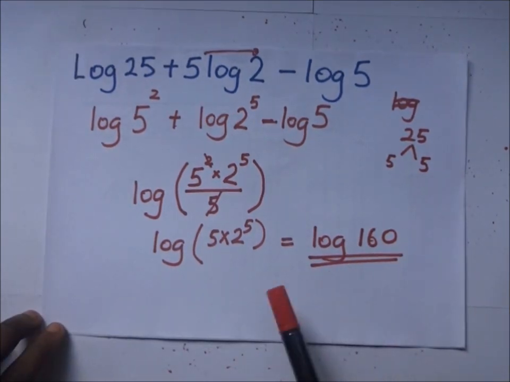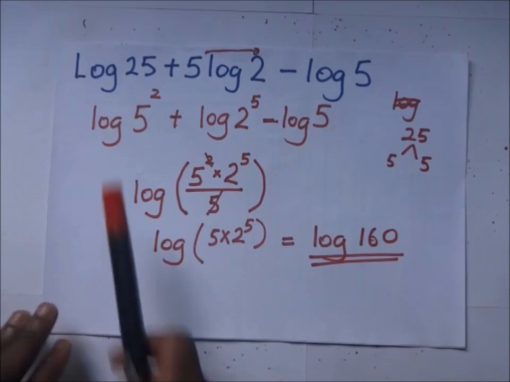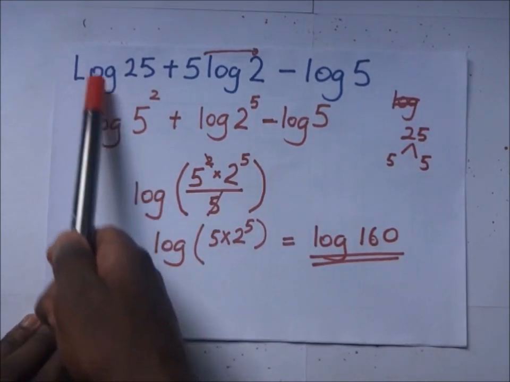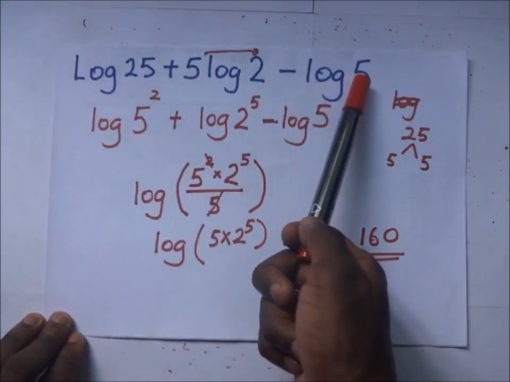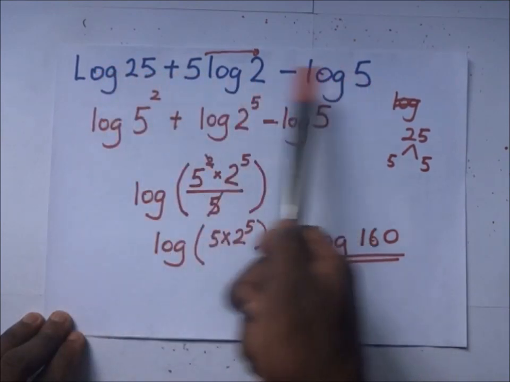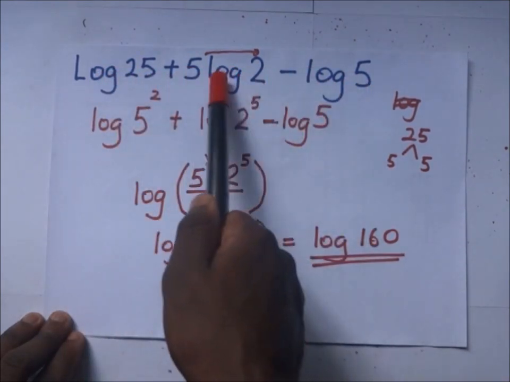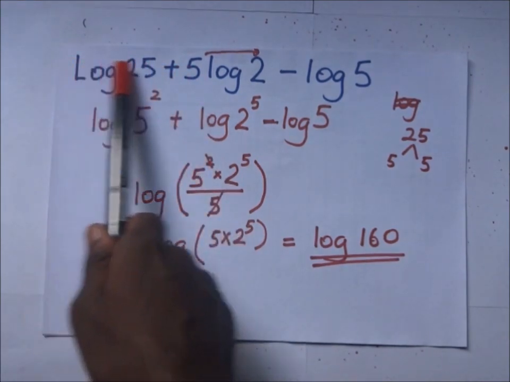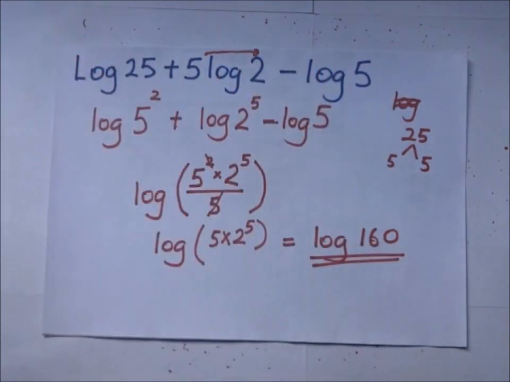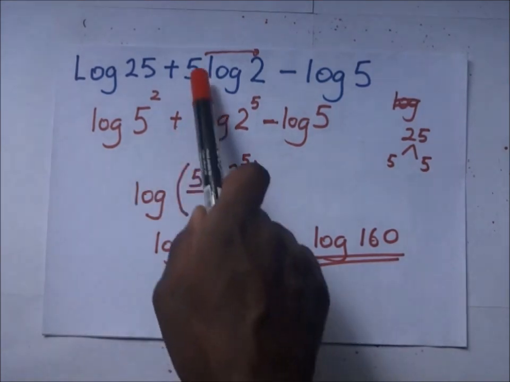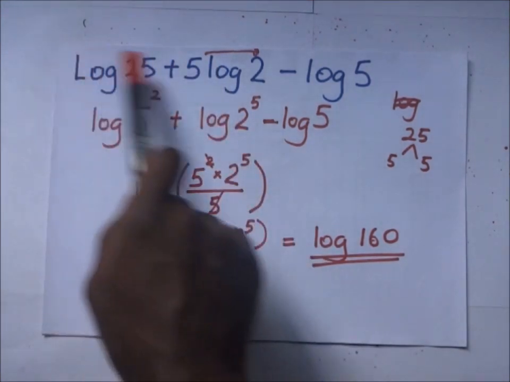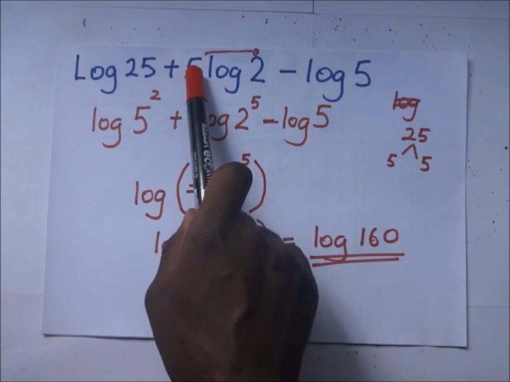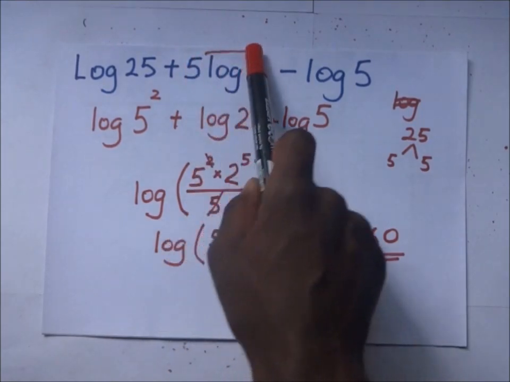So as you realize in this number, when we started it off, we had to first make sure that the coefficients of these logarithms are 1. If you look at all these logs, this is 5 log 2, the coefficient of this is 5. So for us to apply any property of this logarithm, either addition or subtraction, we had to make sure that each coefficient of the log here was 1. So that's why we shifted that 5 to come up there.